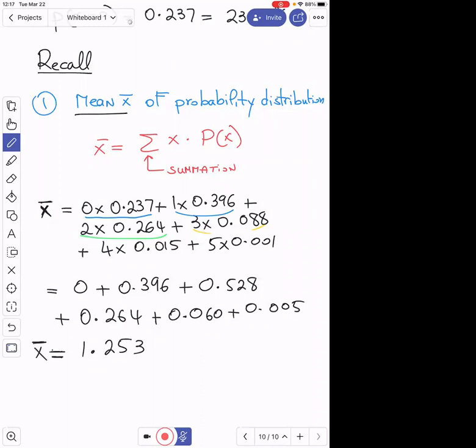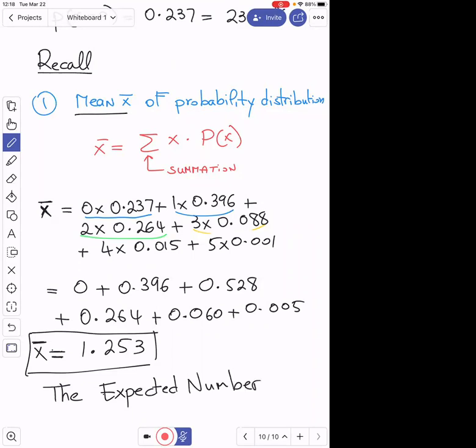And what does it mean for x bar to be equal to 1.253? It means the following: this is the expected number of x. And what's x? x is the number of prisoners out of 5 who become repeat offenders.